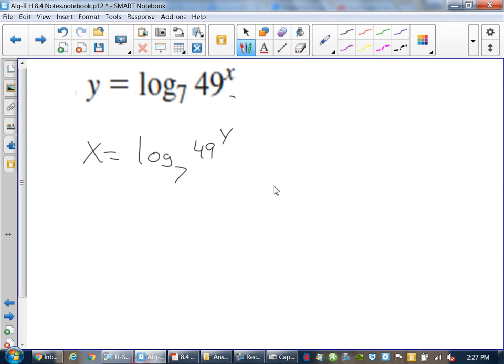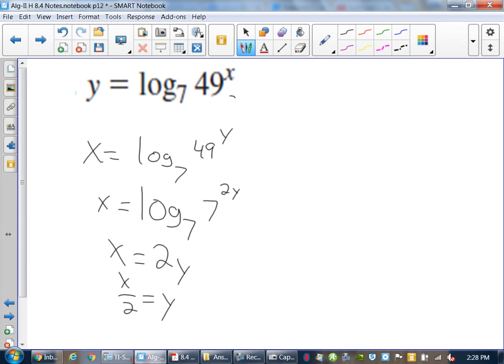If it was 7 to the half, it would be the square root of 7. So this is the same as log base 7 of 7 to the 2y. Now what happens? Math. So I get x equals 2y, which means y is x over 2, or one half x.